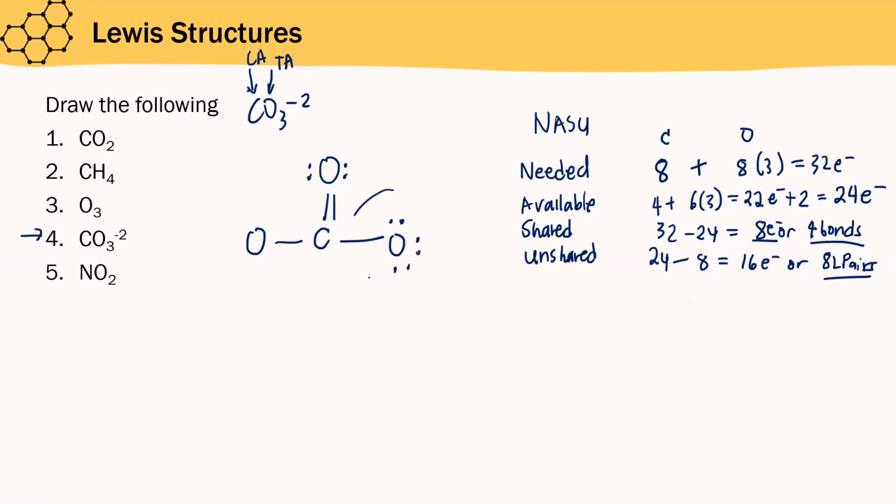Ilang lone pair na nagamit natin? 5. May 3 pa. How about this one? So, 2 electrons, 3 lone pair pa. Sakto. Sakto pala, no? Ayan. So, that is the structure of our carbonate.